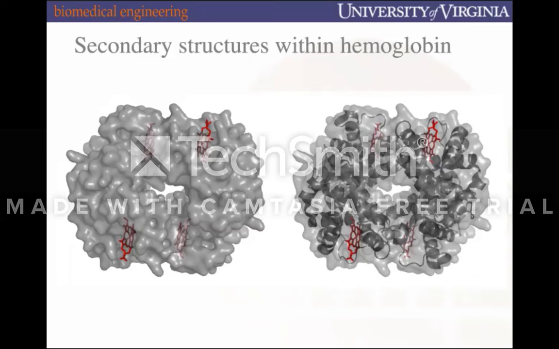Yes. Why are the alpha helices important? What are their functions? So these structures are a way for us to understand how a protein is structured as a result of the hydrogen bonds that occur across amino acids. It's one of the structures.